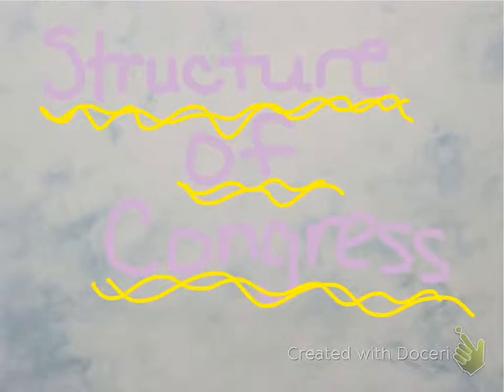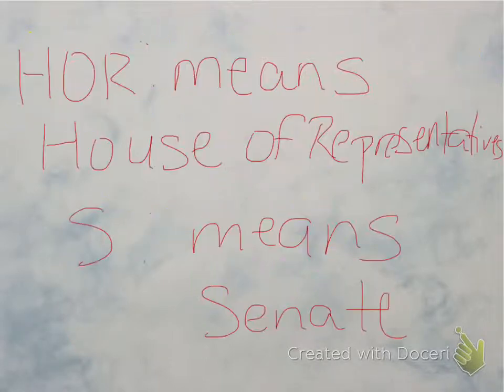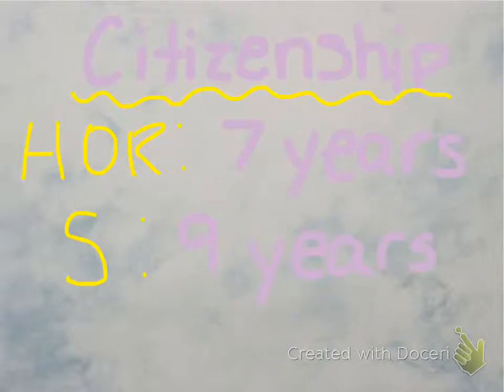The structure of Congress. The number of members. The House of Representatives has 435, and the Senate has 100. I'm going to start writing HOR, which means House of Representatives, and S means Senate. Citizenship for HOR is 7 years.